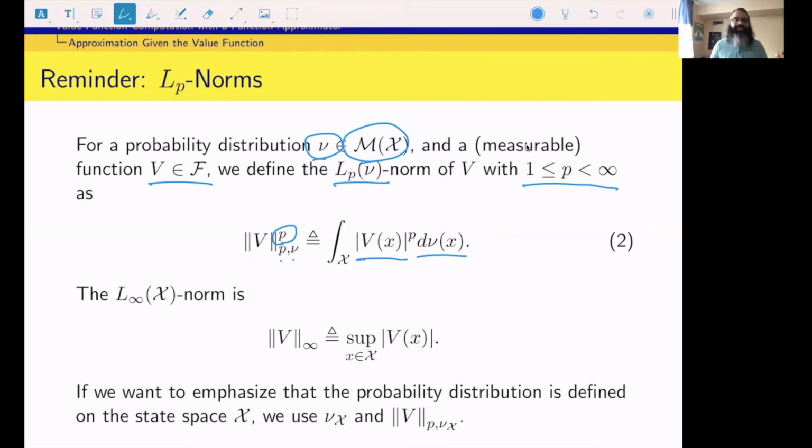So this is the L^p norm. Usually, probably what you have seen before would be something like this.